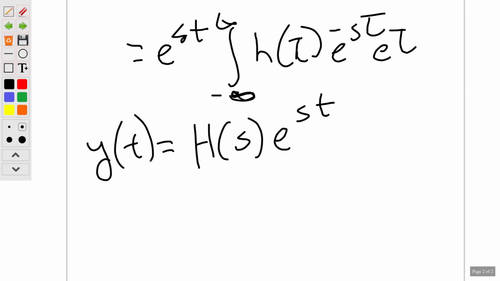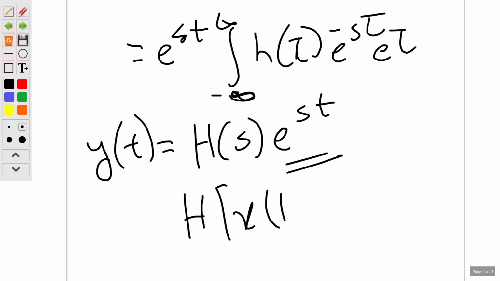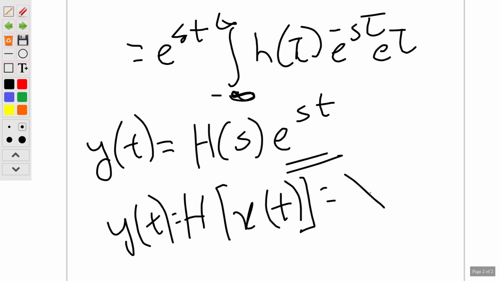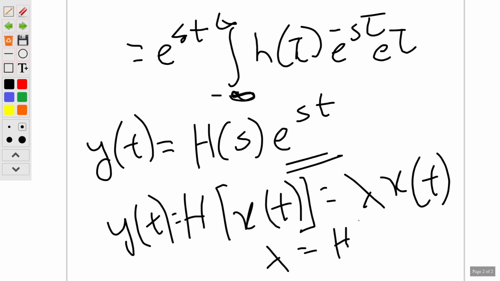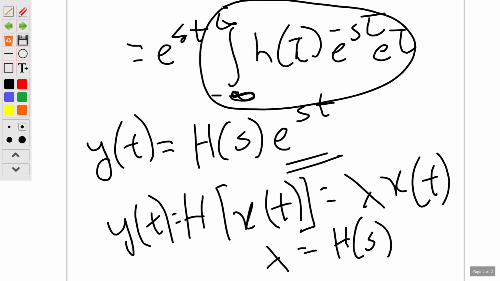So clearly e power st, which was our x, is an eigenfunction, because what's an eigenfunction? H of x of t, which is nothing but y of t, is equal to lambda times x of t. Here our lambda is nothing but h of s, that integral over here.